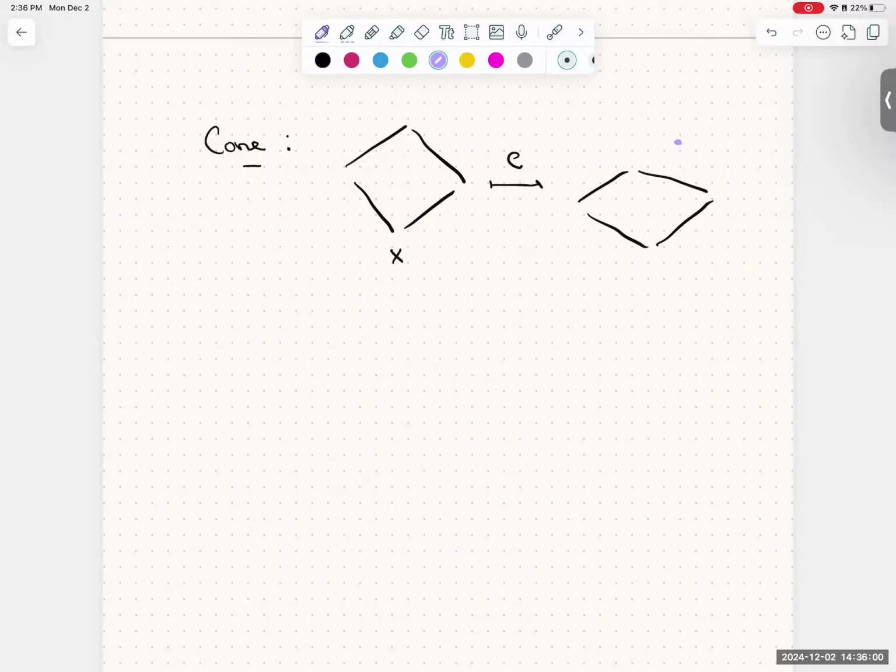So I add a cone point, and I go from a one-dimensional simplicial set to a two-dimensional one. So this is C of X. Those triangles are filled in, for example.